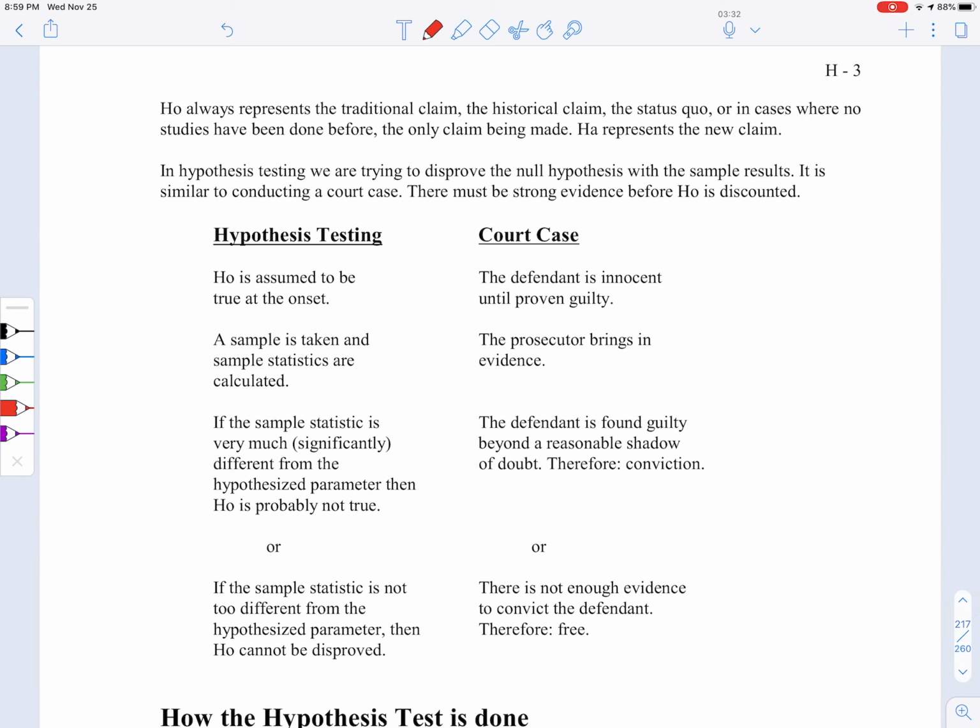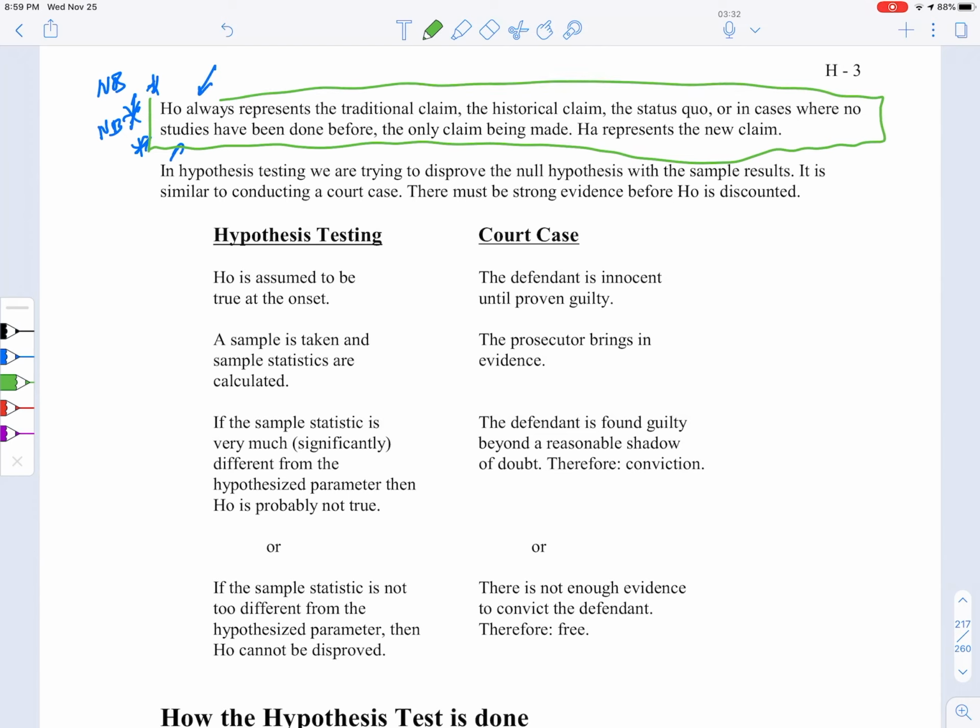Now, to help you understand this a little more, we want to think of this as being a court case. Oh, wait a minute. Before I get there, this is really an important statement here. I want you to put some stars around this. I want you to put some NBs and some arrows here because this is really important. Let's put a green box around it. You always want to come back to this.